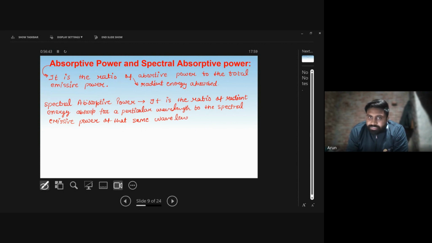So it is a dimensionless quantity because it is the ratio of energy by energy or power by power.